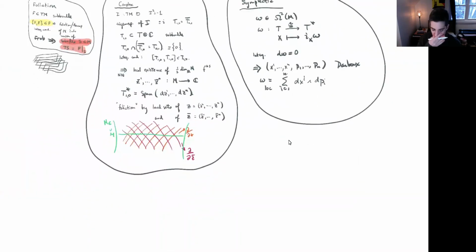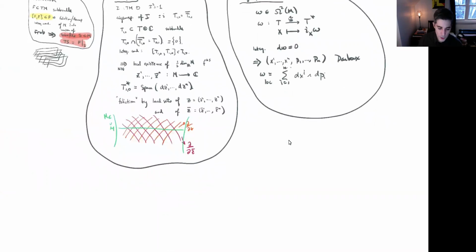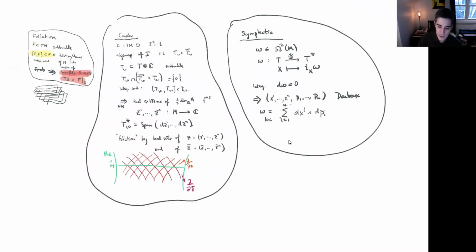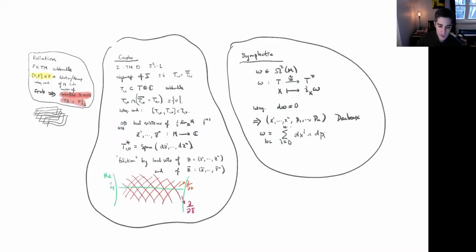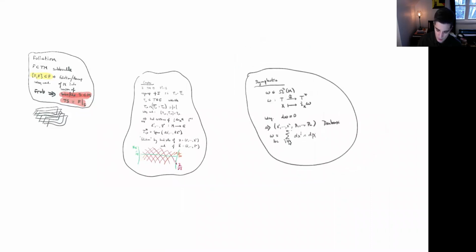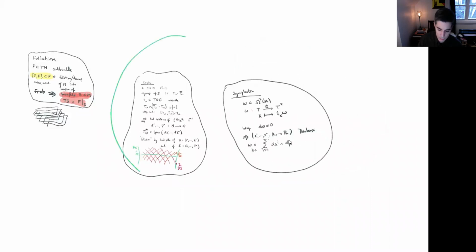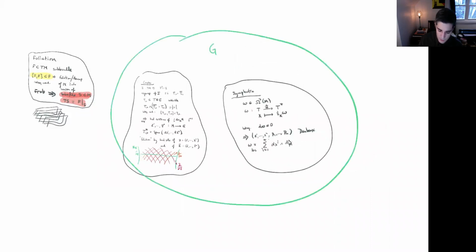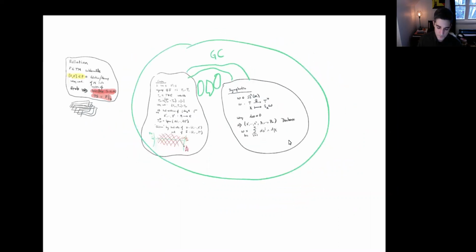Okay. So generalized complex structures, let me just make a Venn diagram here. Generalized complex includes both of these, as well as some other stuff, and it can sometimes connect these together.